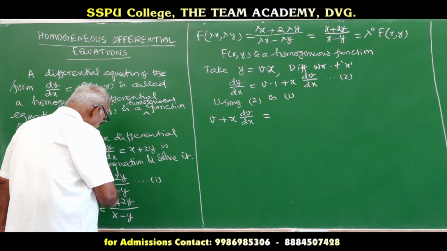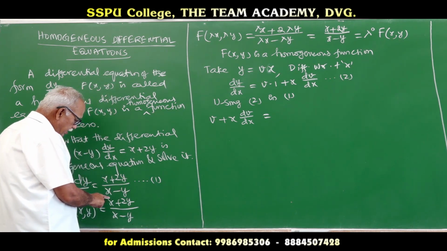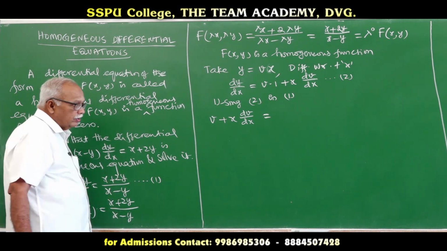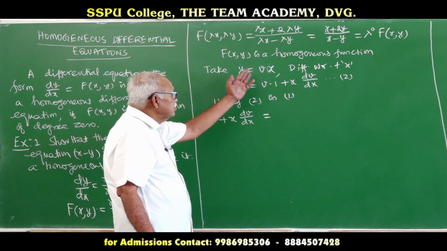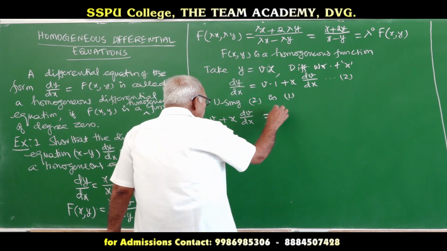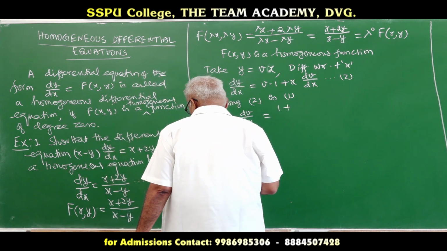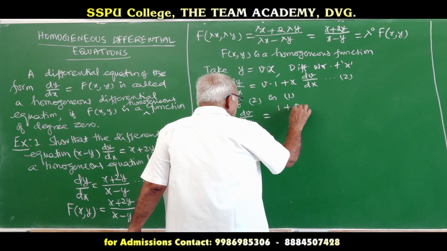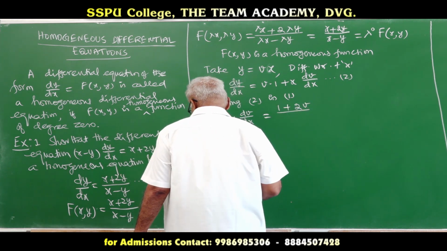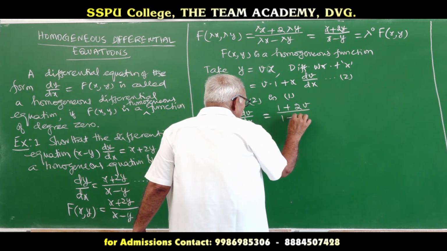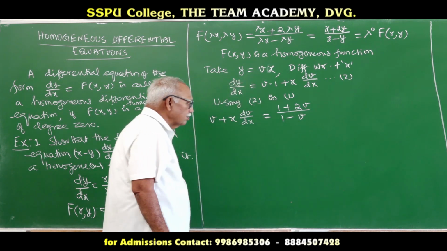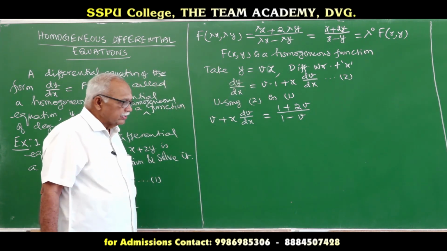If you divide by x, here it becomes 1 minus y by x, here 1 plus 2 into y by x. y by x is v. So, we can write this as 1 plus 2v divided by 1 minus v.